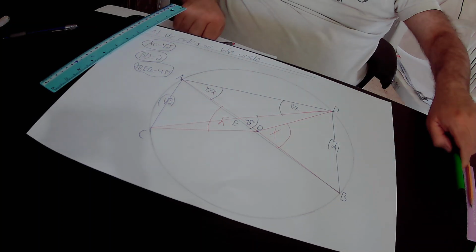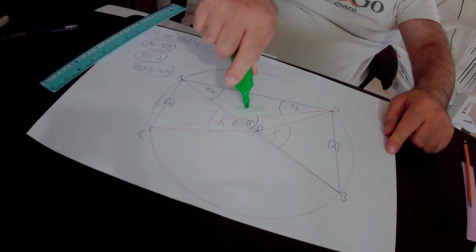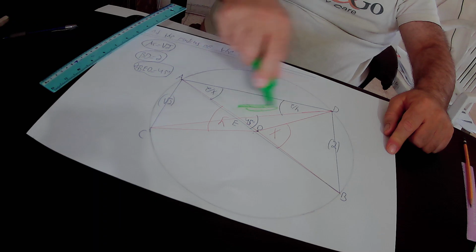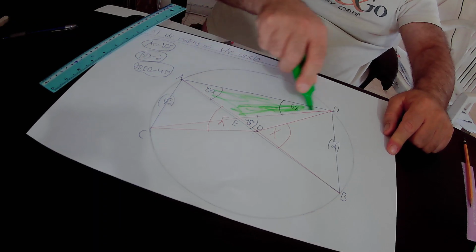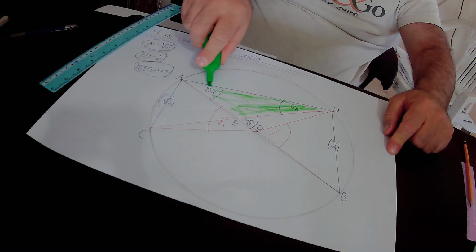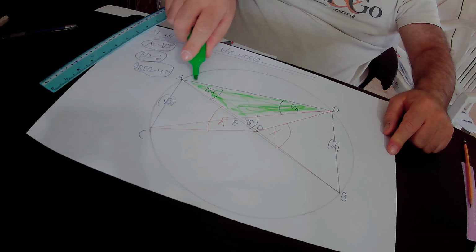In the next step, I'll copy the green triangle AED onto a new page, and we'll implement rule 4 on this green triangle, triangle AED.